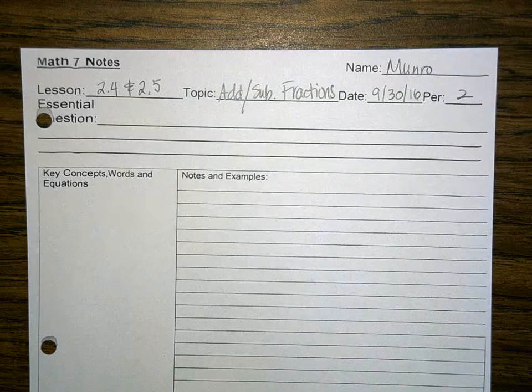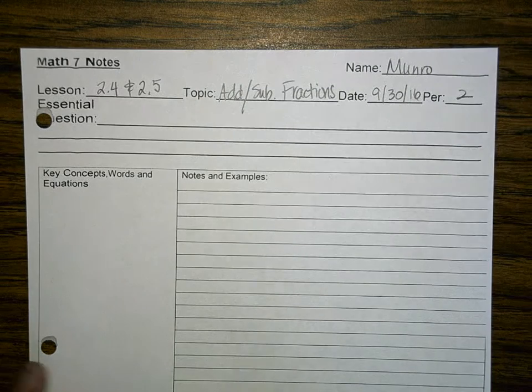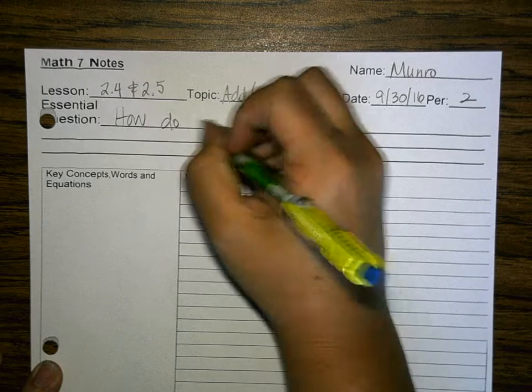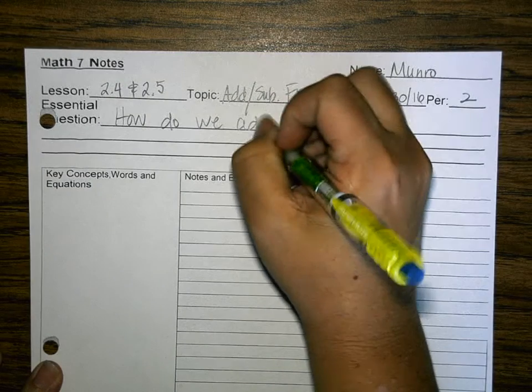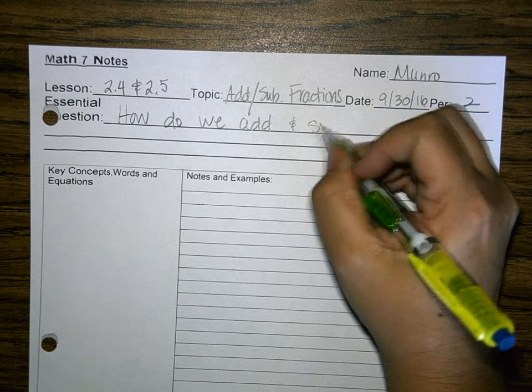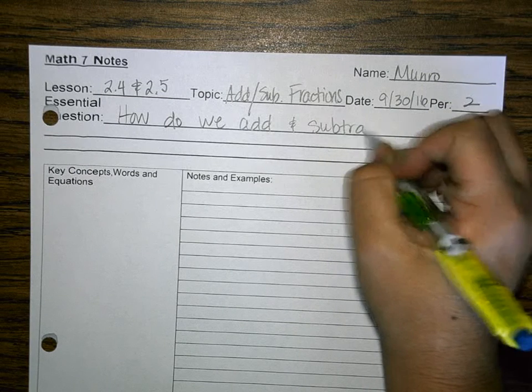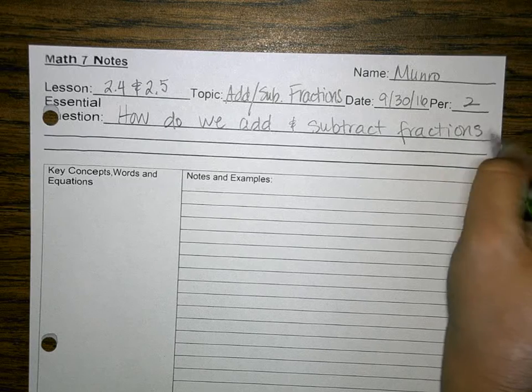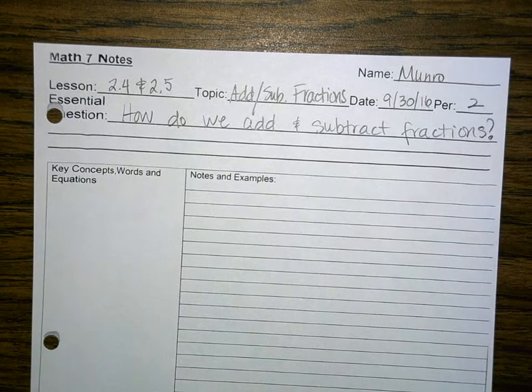Okay, the essential question is how do we add and subtract fractions? How do we add and subtract fractions? Okay? So there's not a lot of vocab or stuff like that on this one.